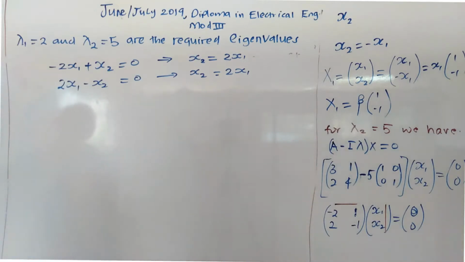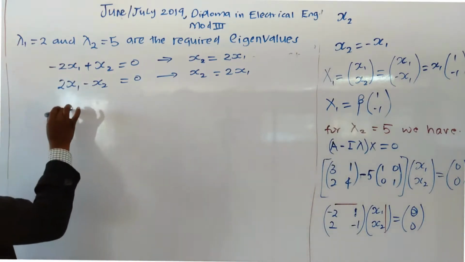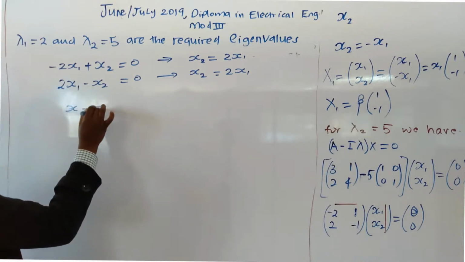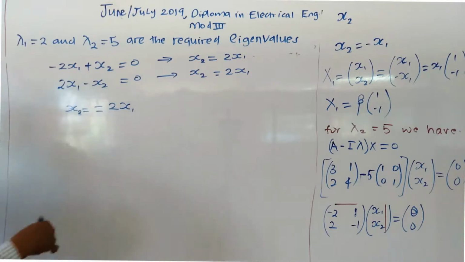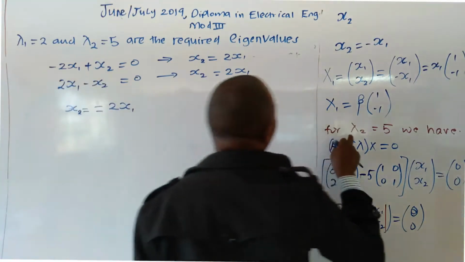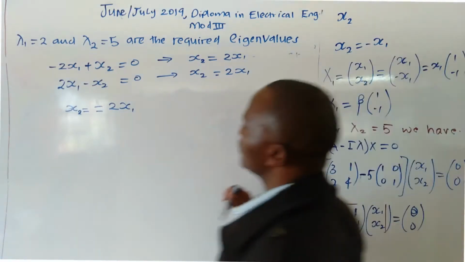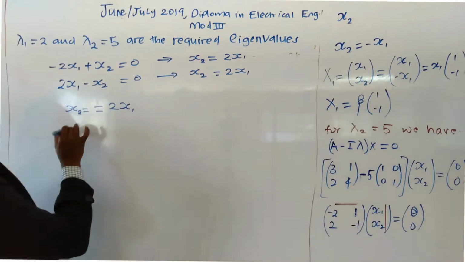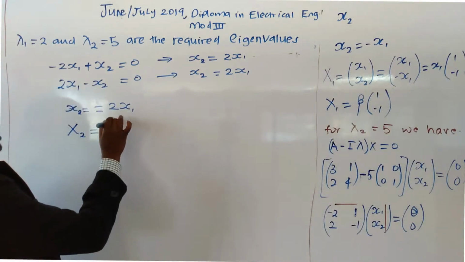So the second eigenvector, or the eigenvector corresponding to eigenvalue lambda 2 equal to 5, is x2, as we have said earlier, (x1, x2).